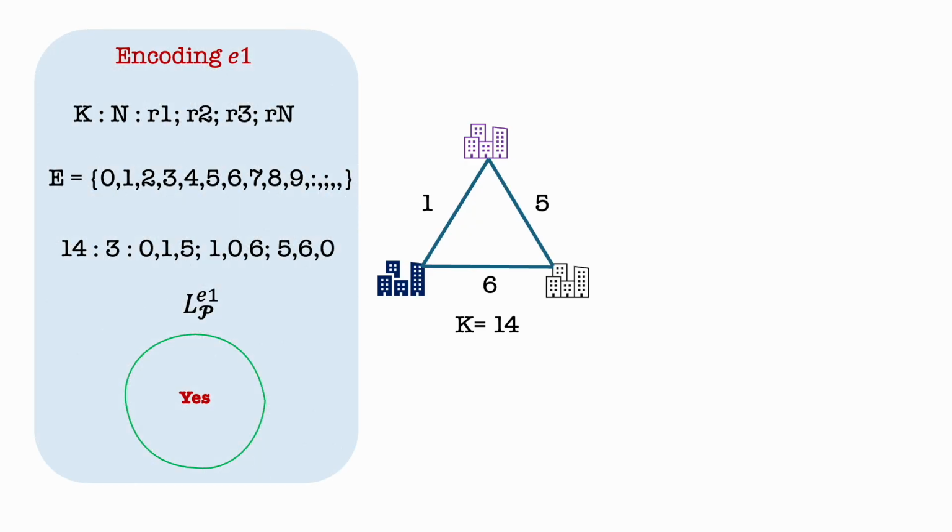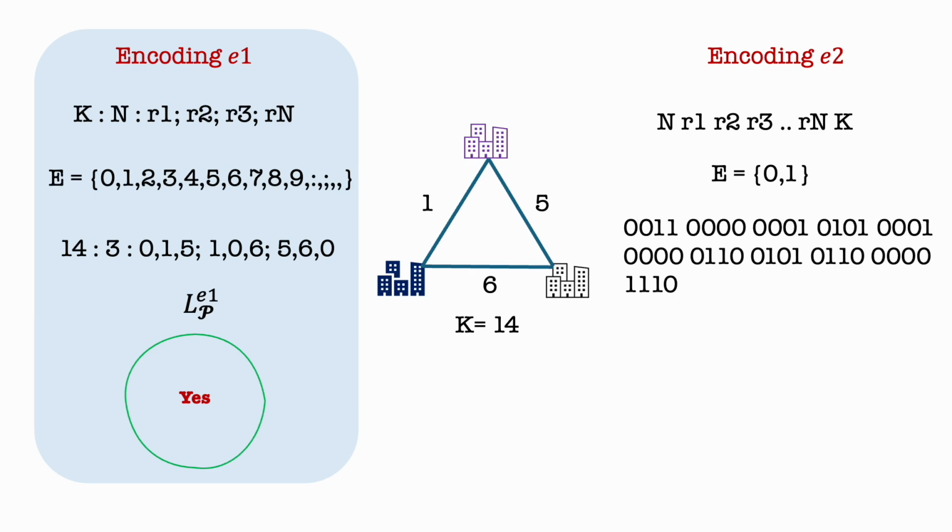Now let's encode the same traveling salesman instance using a binary encoding scheme. In this approach, we begin by writing the number of nodes, followed by the rows of the adjacency matrix, and then the cost bound k, all represented in binary. We will call this approach encoding scheme E2. For this particular instance, 4 bits are enough to represent each number. The encoded instance looks like this.